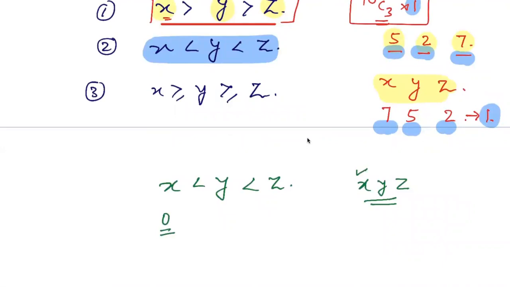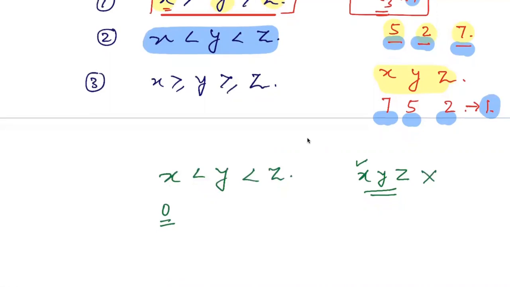This will be a 2-digit number, so this will be wrong. So X must not be equal to 0. Never ever can we put X equal to 0, for any 3-digit number with X less than Y less than Z, right?